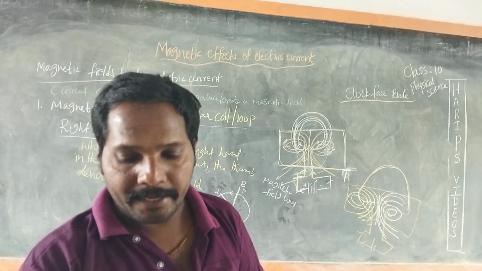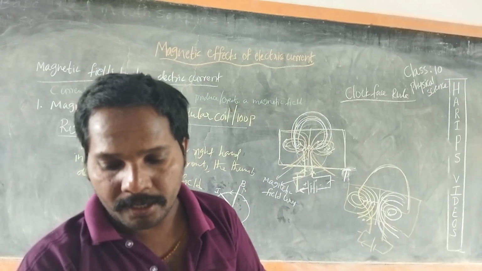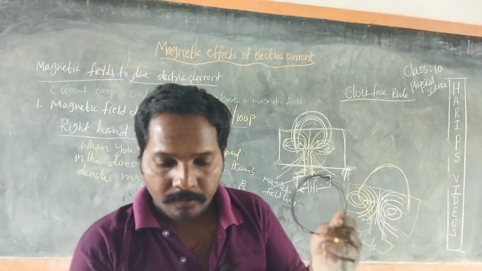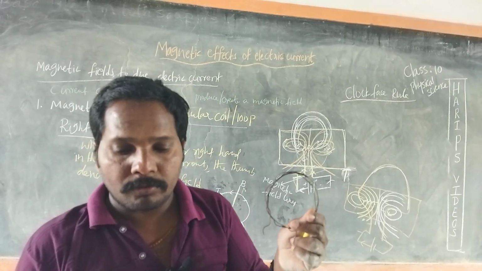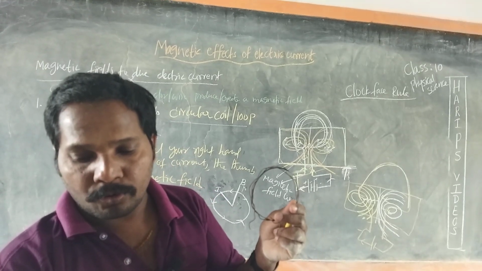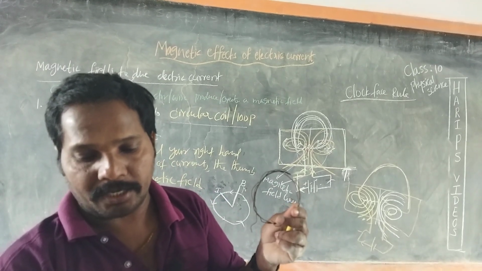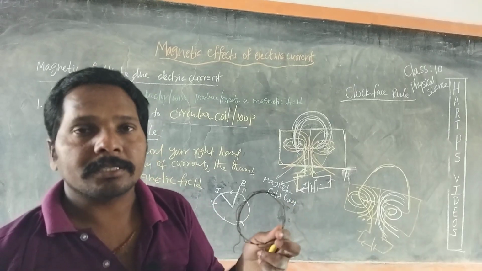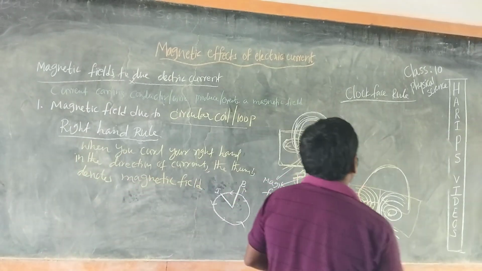According to the clock face rule, look at one end of the circular wire coil through which a current is passing. If the current around the face of the circular wire flows in the clockwise direction, that face of the circular wire will be the south pole.